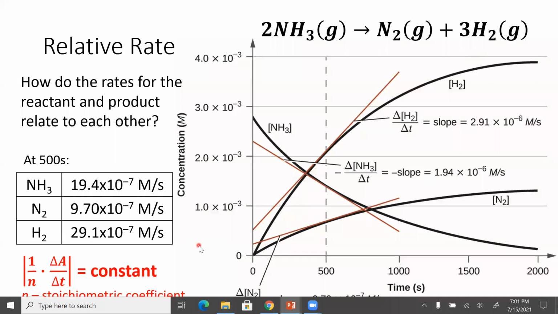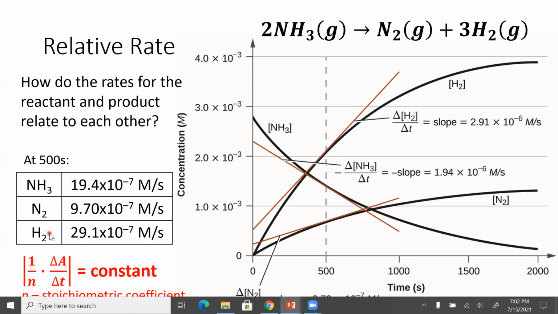If we were to look at, let's say, ammonia and nitrogen, the rate of production of nitrogen is half the rate of decomposition of ammonia. 19.4 divided by 2 gives us 9.70. Well, that makes sense because if we were to look at the stoichiometry between ammonia and nitrogen, it's a 2-to-1 ratio. So ammonia is being consumed at a rate twice the rate of nitrogen.